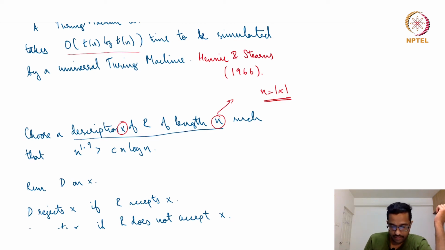So we'll choose n such that the left hand side is bigger, the asymptotics kick in. So we'll choose beyond a point, the left hand side will be bigger.